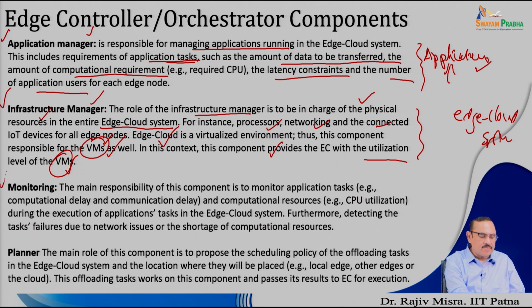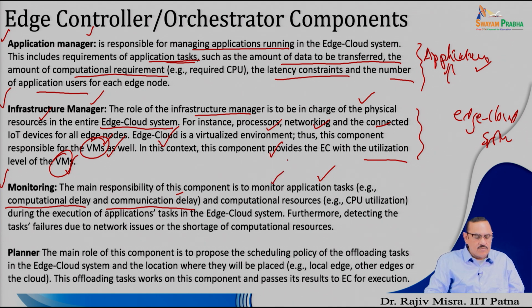The third important thing is about the monitoring. The main responsibility of this component is to monitor the application tasks. This particular monitoring is all the time measuring two different parameters. One is called computational delay, the other is called communication delay.